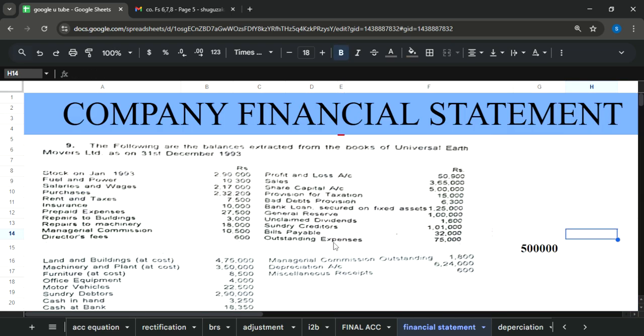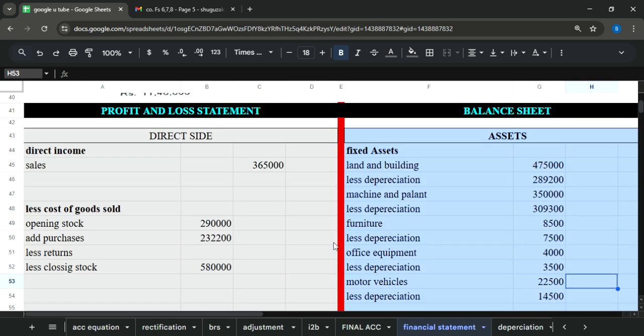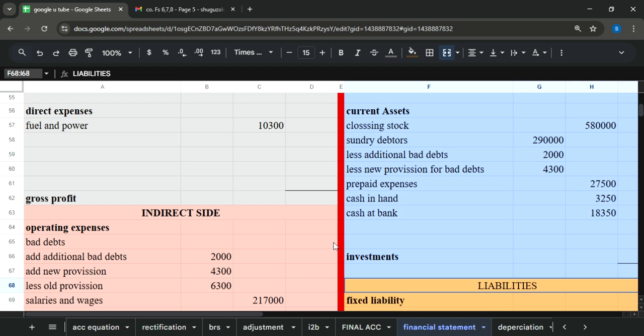Outstanding expense. Again, you will have to stop and understand that outstanding is part of adjustment, but since it is written in the trial balance, we will not consider it as an adjustment. We will not be doing dual effects or double effects, only a single effect on the current liability side, outstanding expenses.